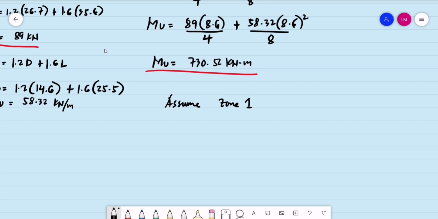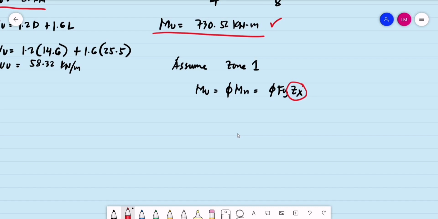If it is under zone 1, we can have the value of our M sub U equal to the reduction factor for bending phi multiplied by M sub N, or basically equal to phi multiplied by F sub y, then the plastic section modulus with respect to x. So we need this value of our section modulus, just a reference value based on this computed ultimate moment.